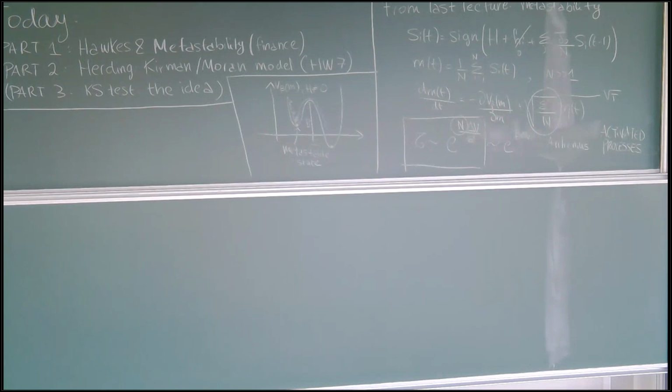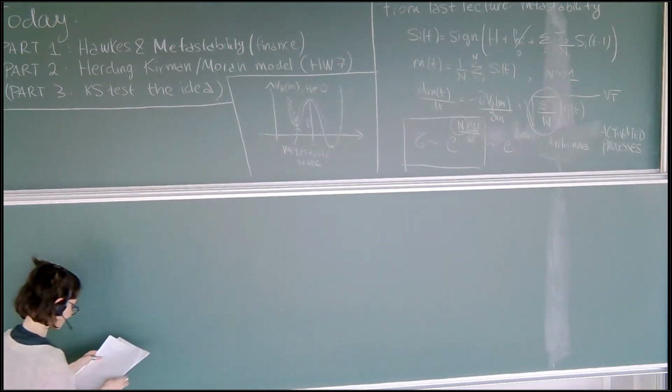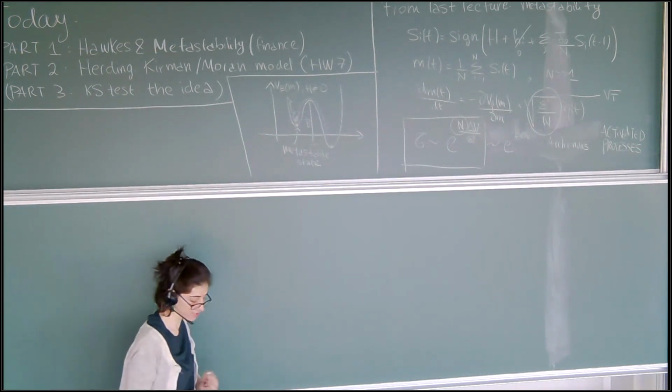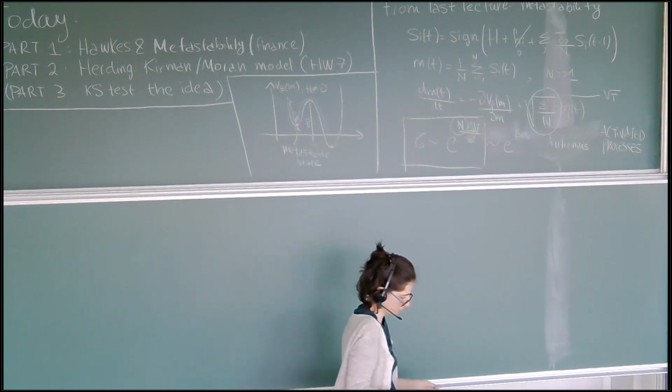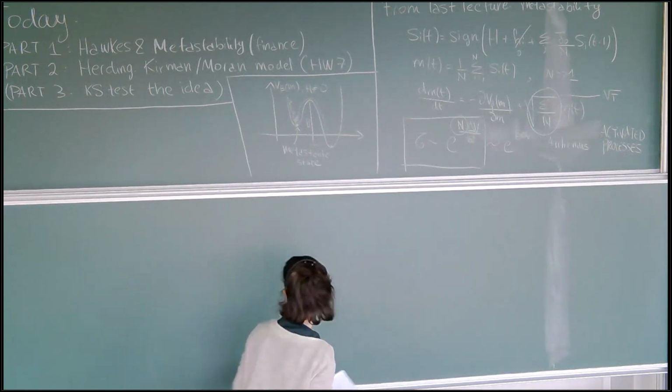Okay. So this is the exercise number 2, I think, of the TD. And it is a very simple model of financial exchange, or if you want, transactions. And you may look at the reference.